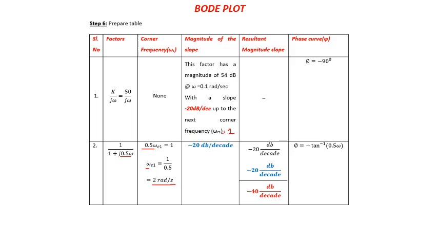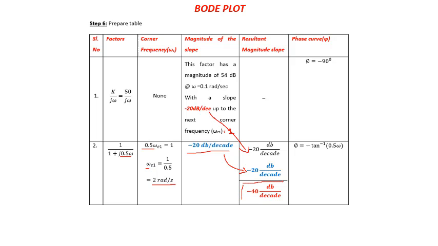So up till 2 radians per second, we can fill it here. Then for the simple pole, minus 20 dB per decade is known to us, so minus 20 we write here. Then coming to the resultant magnitude, we take the previous one, minus 20 dB per decade, and the present factor, minus 20 dB per decade. The addition of these, the resultant, will be minus 40 dB per decade.